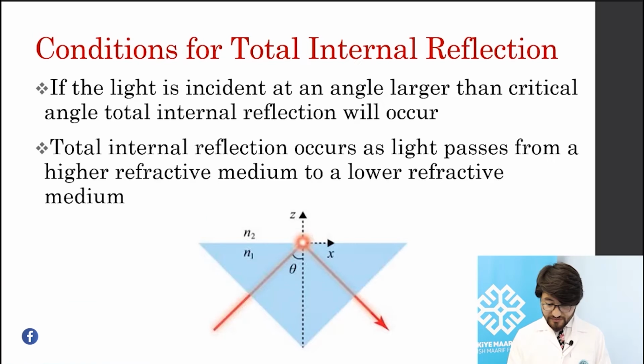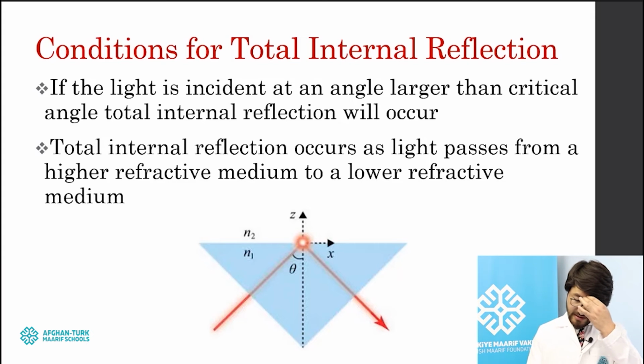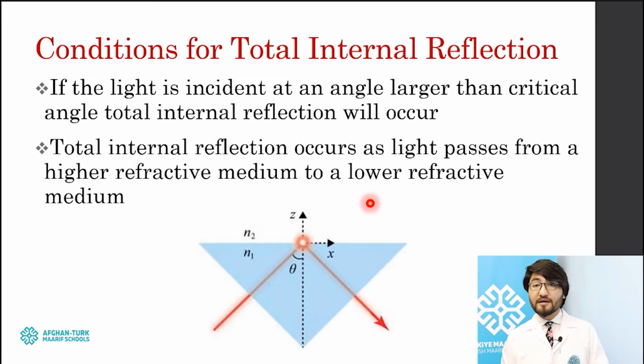Condition for total internal reflection: if the light is incident at an angle larger than the critical angle, total internal reflection will occur. I tell you that I be greater than C, then total internal reflection occurs.